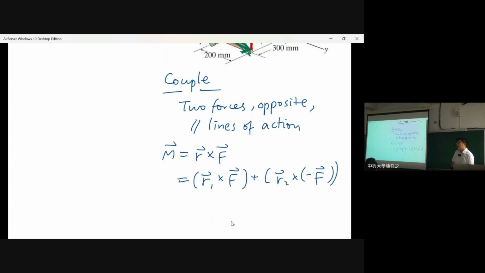But the key point is I see some of you that remember, is this one a vector or a scalar? R cross F. Is this a vector with ijk or a scalar?